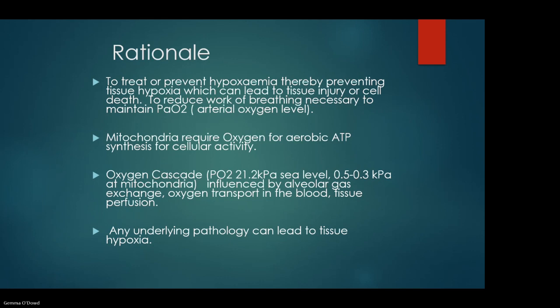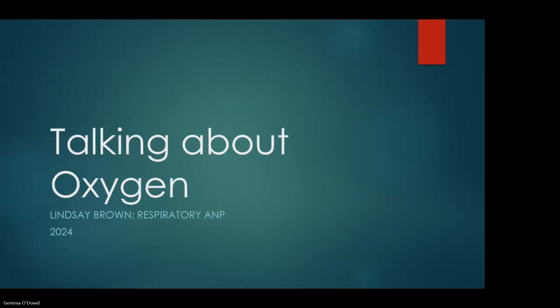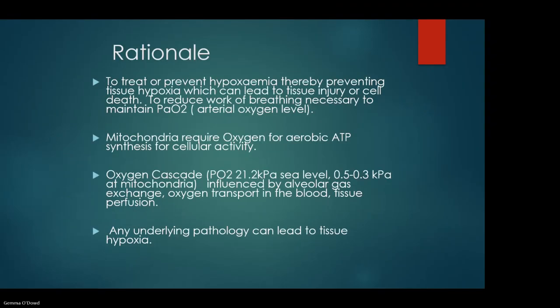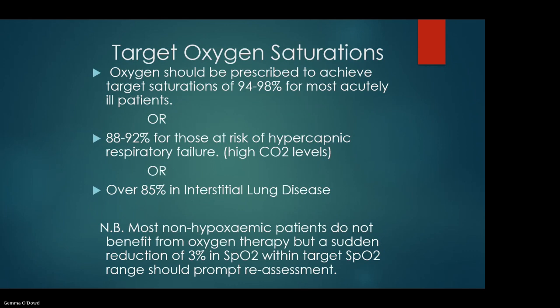Oxygen is a treatment for a medical term that we call hypoxemia. That means you've got low blood oxygen levels. The rationale for giving someone oxygen therapy is to treat or prevent hypoxemia, thereby preventing what we call tissue hypoxia, so low oxygen levels in the tissues or the organs of your body, which, if allowed to proceed, can result in tissue injury or cell death.